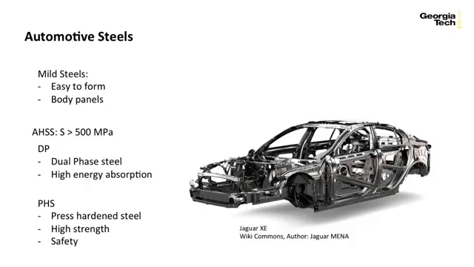And so you'll see these used in the passenger safety cell or in the safety cage. You'd see them in these regions in the car where you need to create a safe space for passengers in a crash. You see these very high-strength steels used to promote safety.